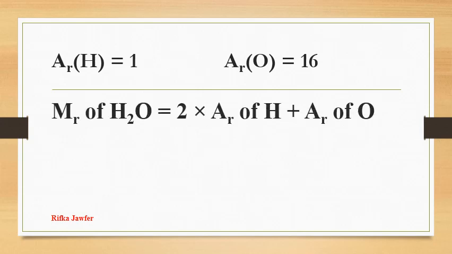So, in order to find the relative molecular mass of water, we have to find the sum of the relative atomic masses of each atom. Water contains 2 hydrogen atoms and 1 oxygen atom. So, we have to find the sum of relative atomic masses of 2 hydrogen atoms and 1 oxygen atom. That's equal to 2 times 1 plus 16. So, relative molecular mass of water is 18.